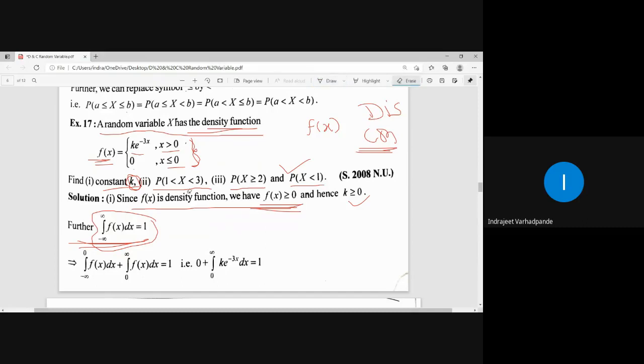Whatever I have been asked to find, the value of constant k will be calculated with the help of the given condition of the definition of continuous random variable. f of x is always positive. Because this function is positive, k should also be positive. But our given function does not start from minus infinity, it starts from 0. So minus infinity to 0, what is the value of the function?